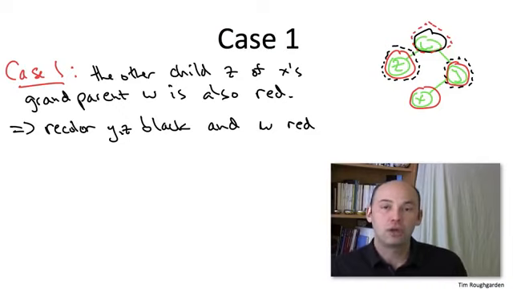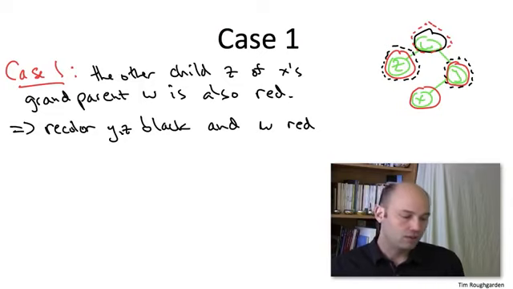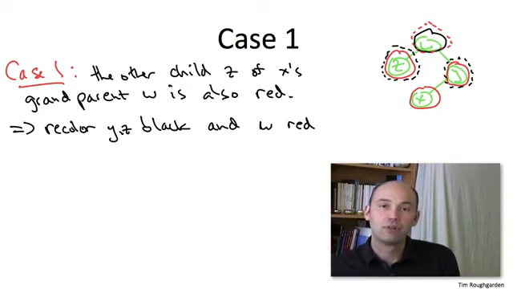So think about a path which does go through W. Well, if it goes through W, to get to a null pointer, it has to go through exactly one of Z or Y. So before we did the recoloring, this path picked up a black node via W, and it did not pick up a black node via Z or Y. Both of those were red. Now, any such path does not pick up a black node at W, that's now red, but it does pick up exactly one black node, either Z or Y. So for every single path in the tree, the number of black nodes it contains is exactly the same before or after this recoloring. Therefore, since the 4th invariant held previously, it also holds after this recoloring.